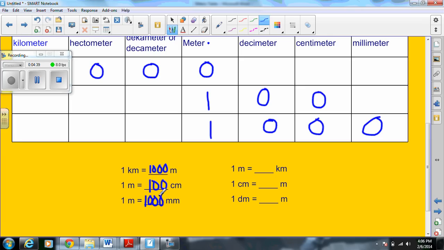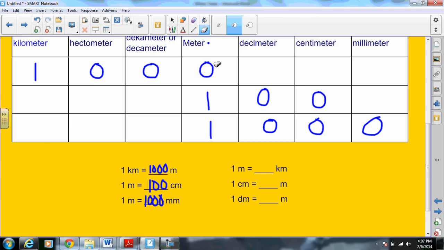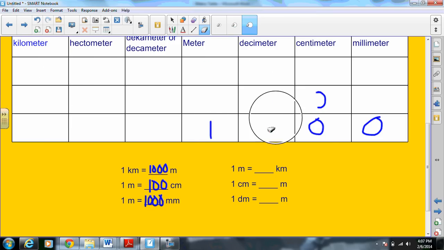Now, this can also work the opposite way. And I'm going to erase what I have here just so I can show you. It's a little bit different because once I start going left, just like with our number line, it starts to get smaller if I try to convert the other way.